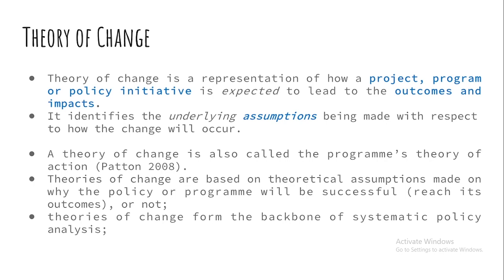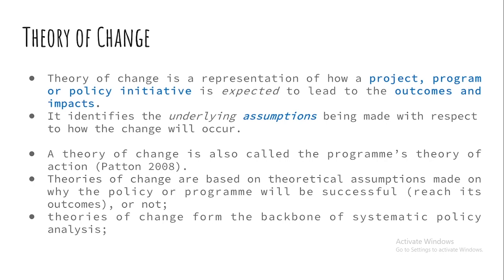So in simple terms, a theory of change is just a representation of how you hope your project or program will lead to its specific objectives or outcomes and impacts. So you're theorizing and making assumptions of how a particular project will lead to its outcomes or objectives.